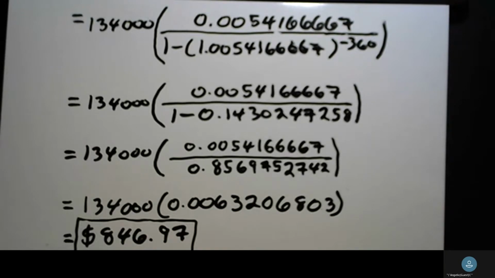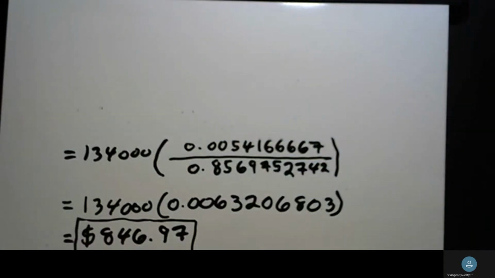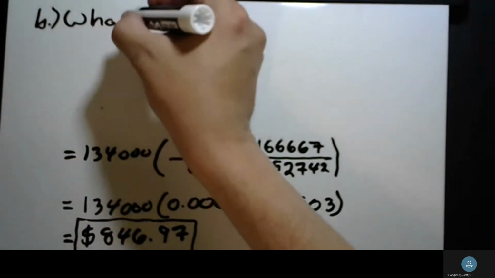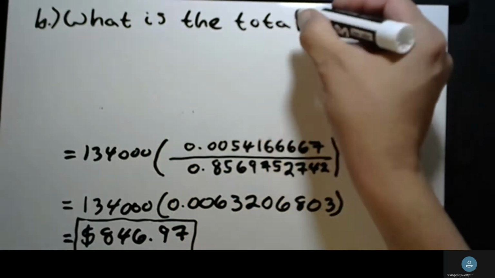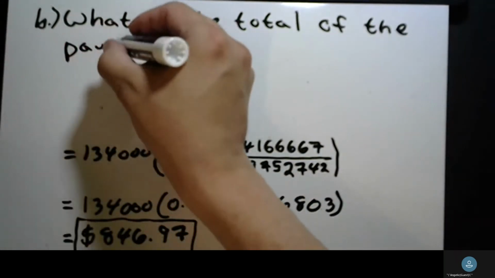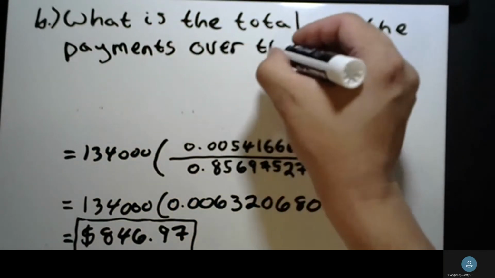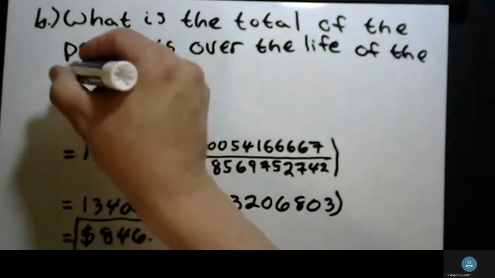Now keep in mind, this is a $134,000 loan that we're taking out to pay for this condominium. So here comes part B. What is the total of the payments over the life of the loan?